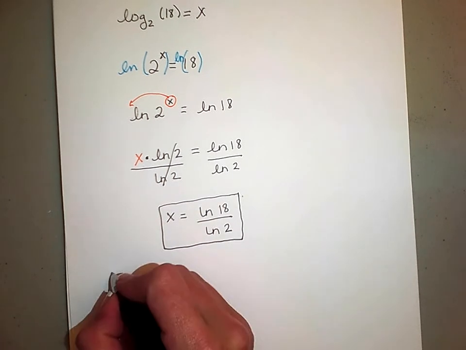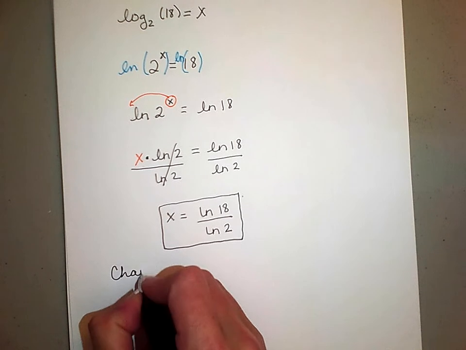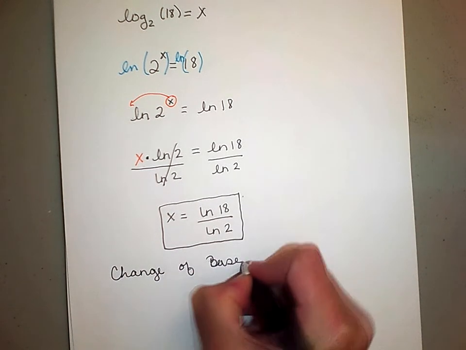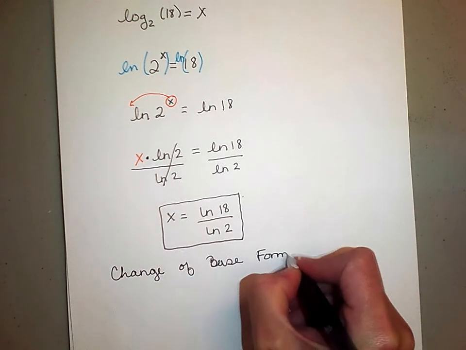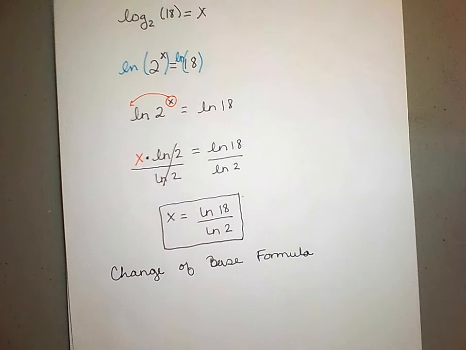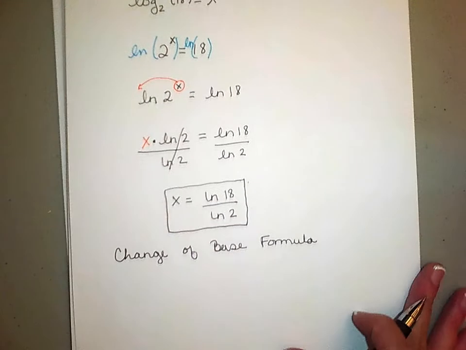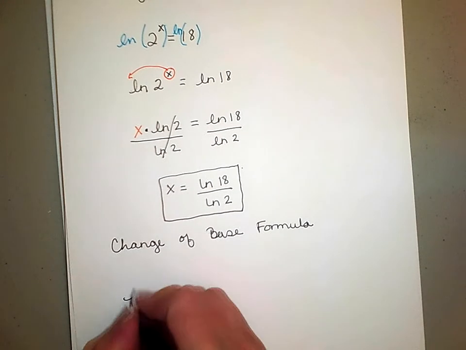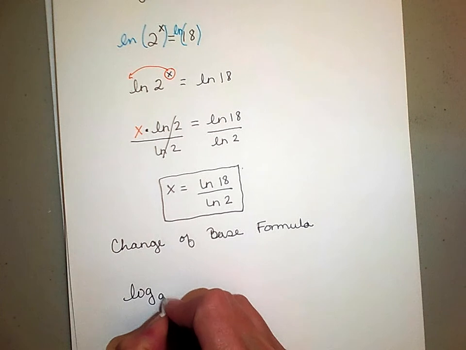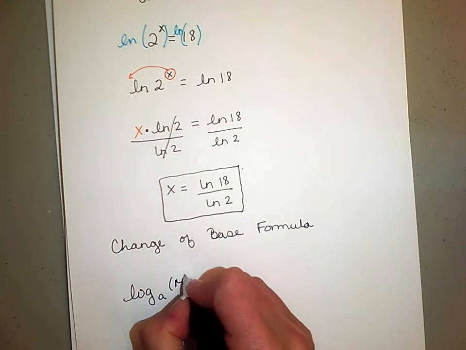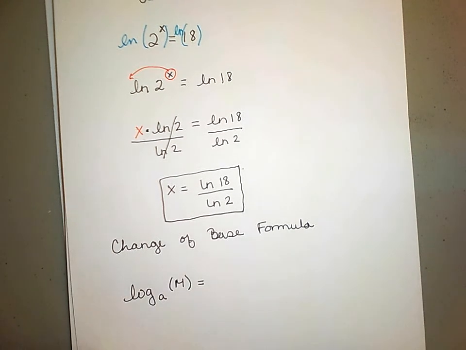So, in general, what we get then is the change of base formula. The change of base formula says if you take the log of any base, call it a, of some number, we can always reevaluate that base.